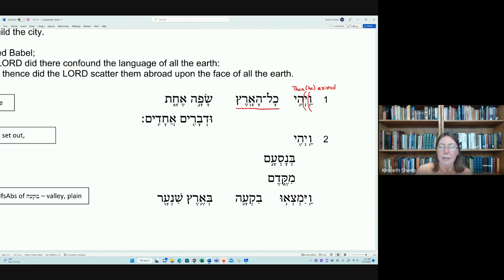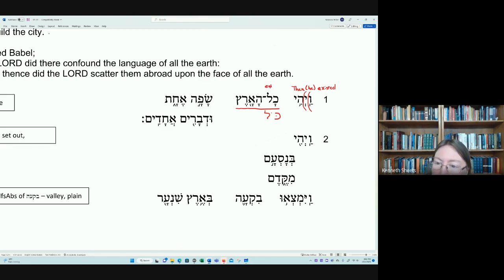Kol haaretz. Kol is going to be the word kol in its construct form. In its absolute form, it would look like this. But we do have that reduced vowel to that kamets hatuf there. So this is the construct form and it is masculine, and we would say entirety.